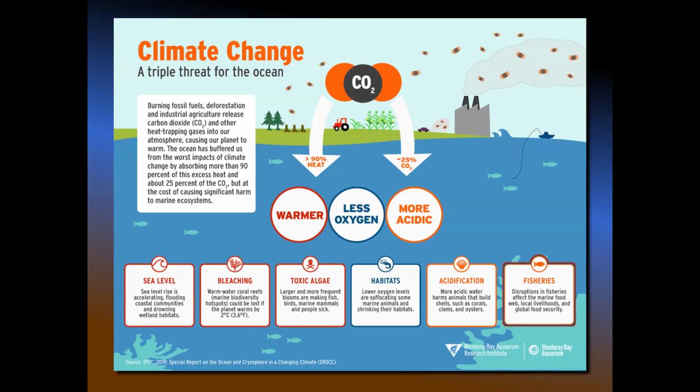But that reabsorption of that carbon dioxide has consequences. The oceans will end up warmer, they will have less oxygen in them, and they will become more acidic. And so, as things warm, you will have more bleaching, you'll have more toxic algae, you'll impact habitats that need that oxygen, you'll have increased acidification, and you can impact the food sources.